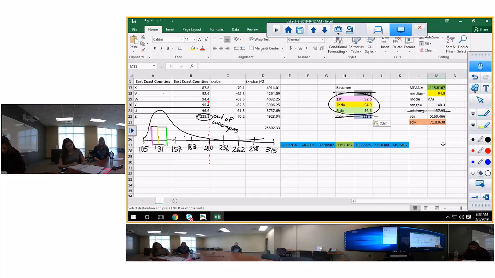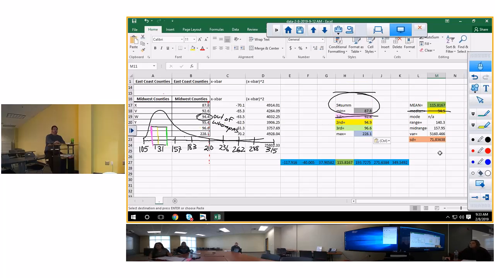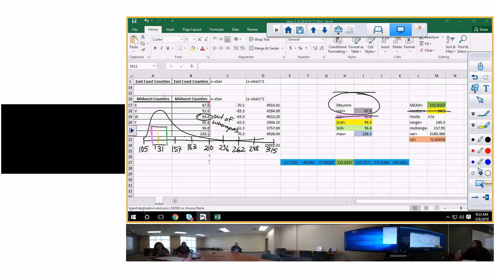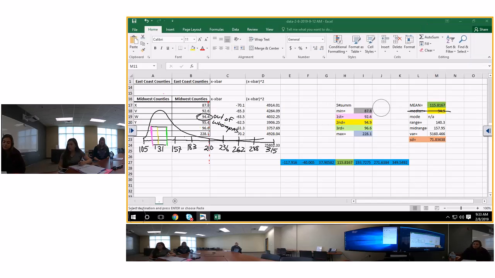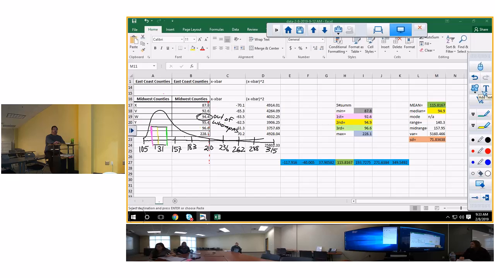I'm going to put the other one right up under that one so you can see the difference between the two. It would be best if I did a poster and showed y'all, but I'm just a dinosaur.